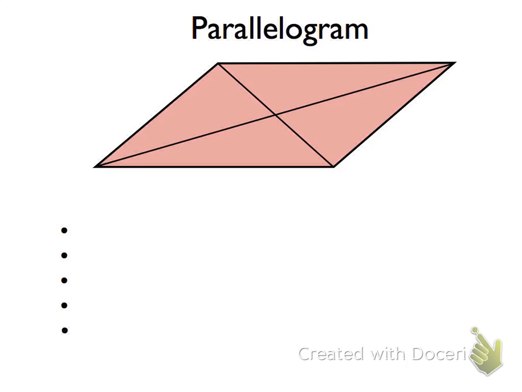Keep in mind, you need to divide them up and put them underneath the angle, the sides, or the diagonal category that we made on your foldables, okay? So here we go. The first one, opposite sides are congruent. So put your markings on your shape and write in the opposite sides are congruent under sides.